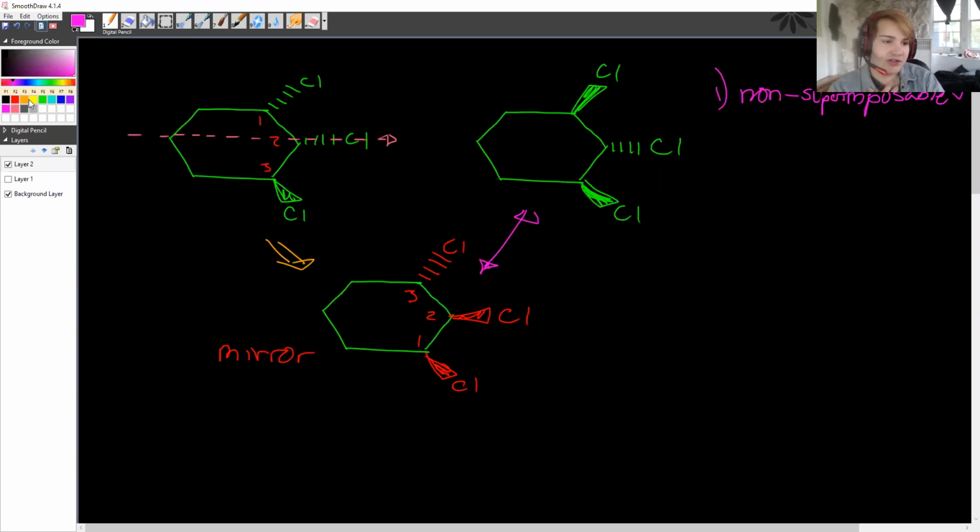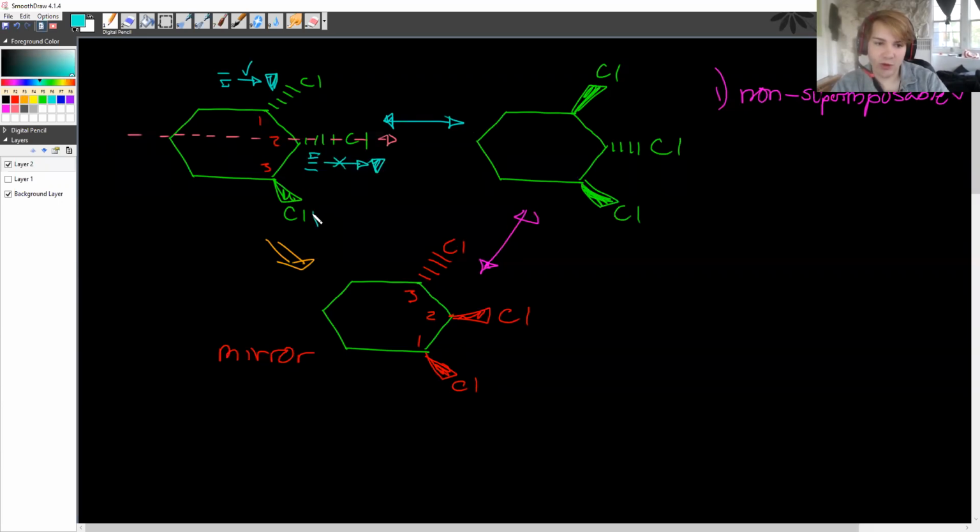And then in order to determine enantiomer versus diastereomer, we need to go back to our original comparison. And what we can say is that, well, here we have a dash that turned into a wedge. So that's a check mark. But then we have a dash that failed to turn into a wedge.